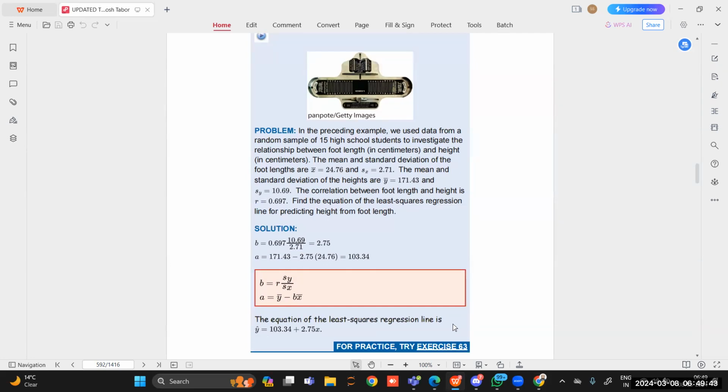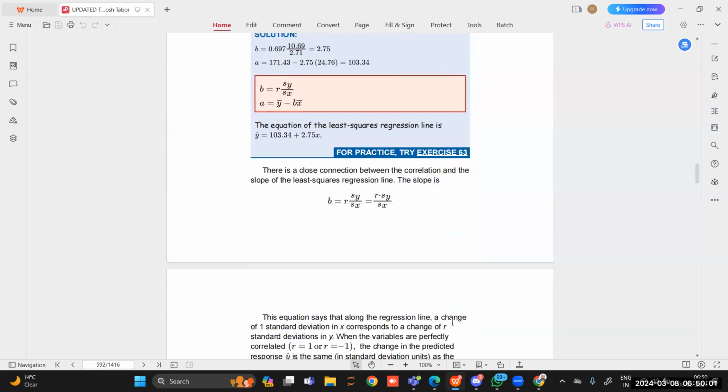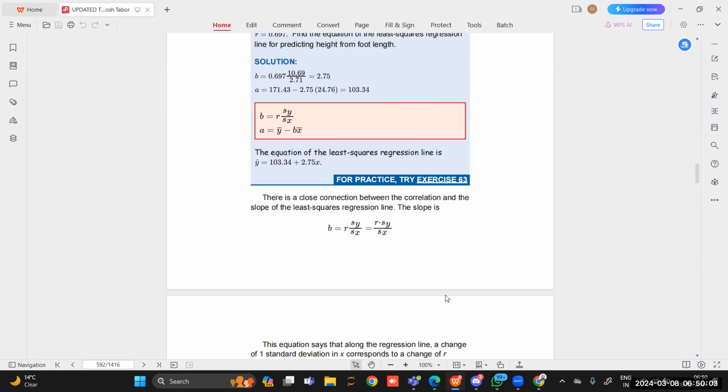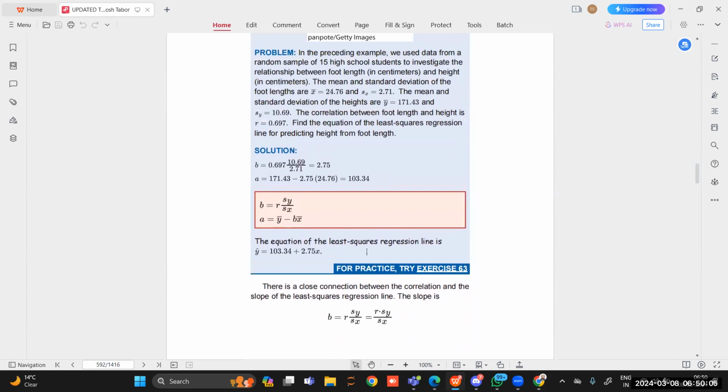And the value of A, the y-intercept? The value of A is 103.34. Correct, good. Okay, so see what he has done, calculating the slope and all the things by these formulas.